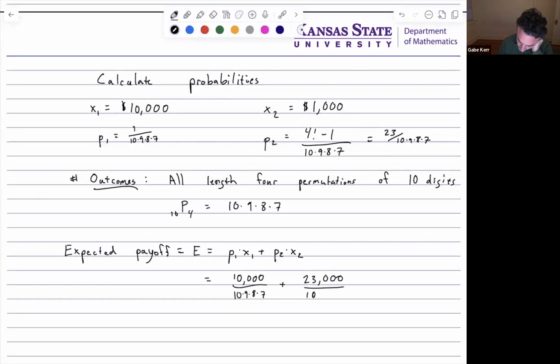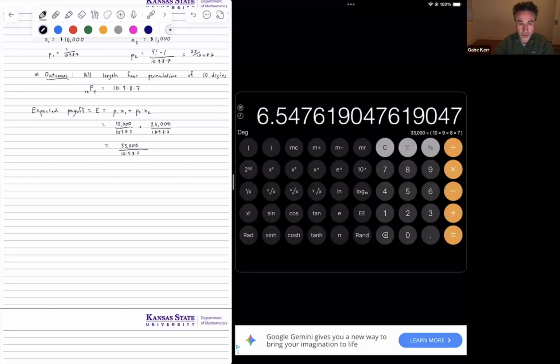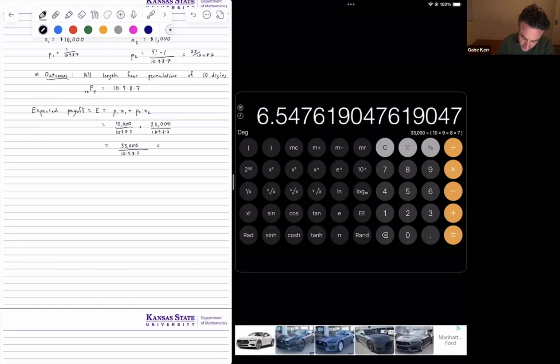I'm just keeping it this way because I'll put it into the calculator in a moment. So this gives us 33,000 over that number, which gives a total of about 6.56, maybe 6.50.